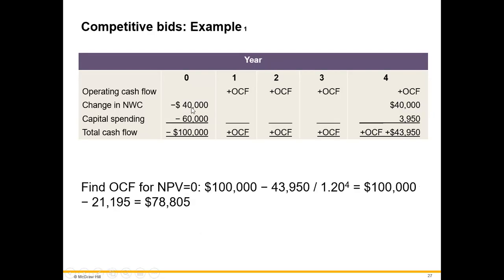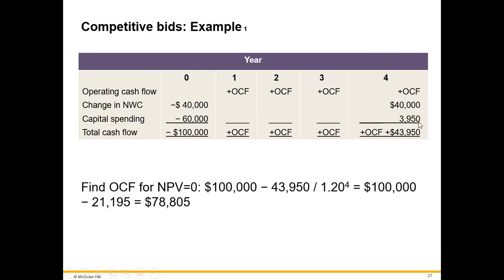We need to expend $40,000 for net working capital and $60,000 for the equipment. So 100,000. We need to have positive cash flow in year 1, 2, 3, and 4, the same amount. At the end of year 4, we'll get our $40,000 back that we invested in net working capital.